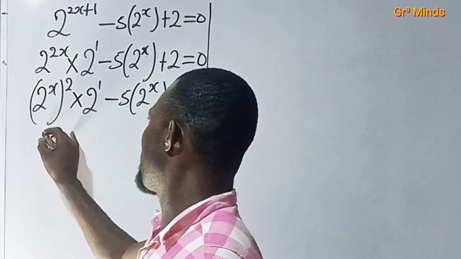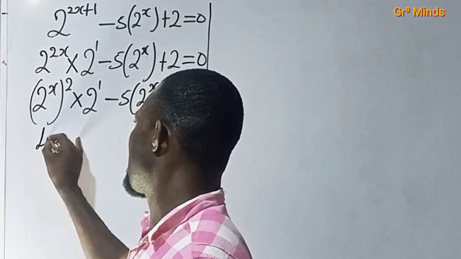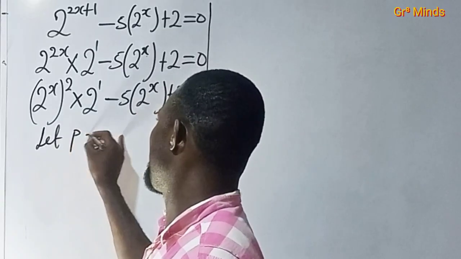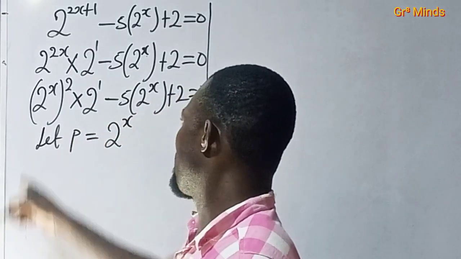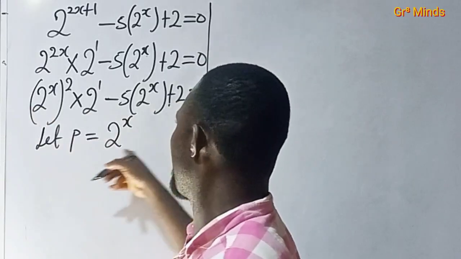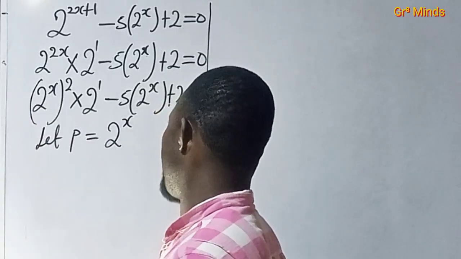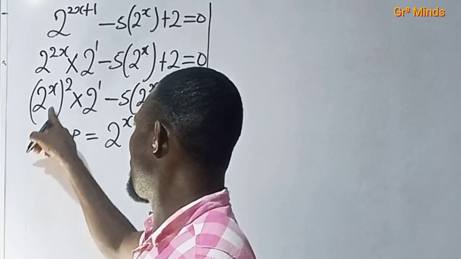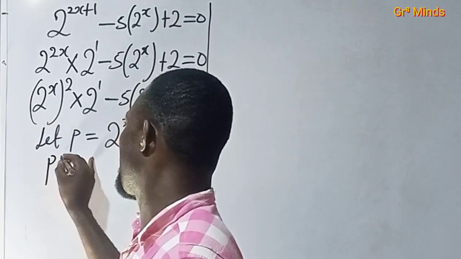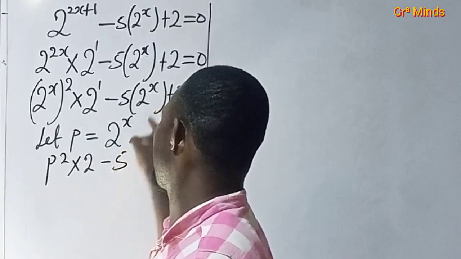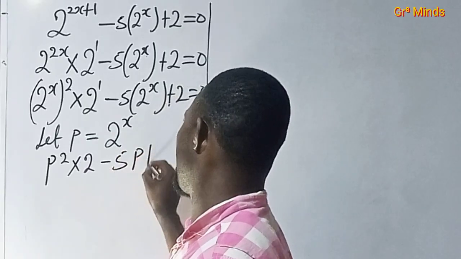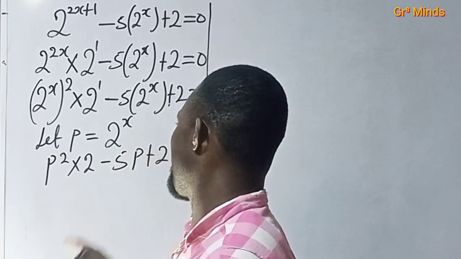Now, let's go into substitution. Let p be equal to 2 raised to the power of x. Now, from this equation, we replace 2 raised to the power of x with p. Here we have p squared times 2, minus 5p, then plus 2 equals 0.